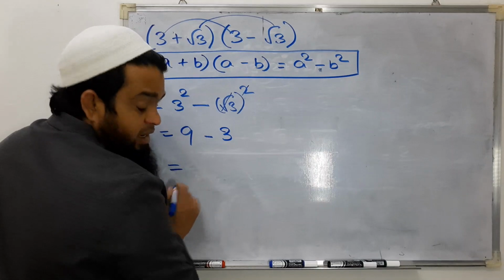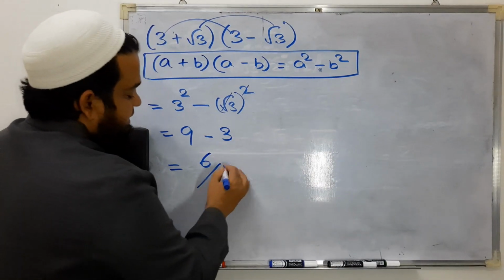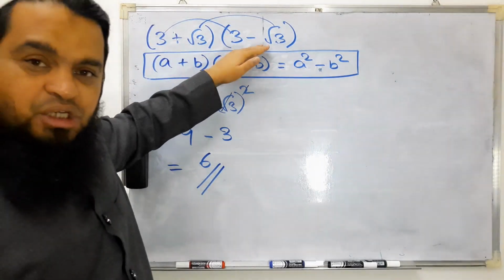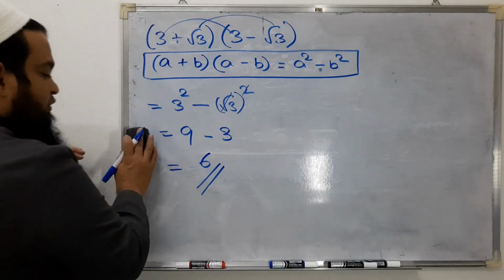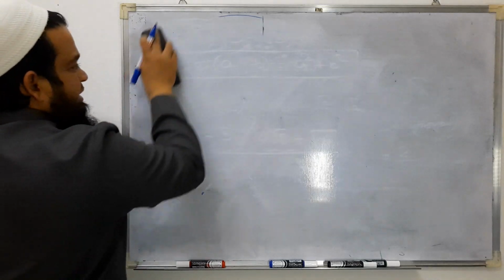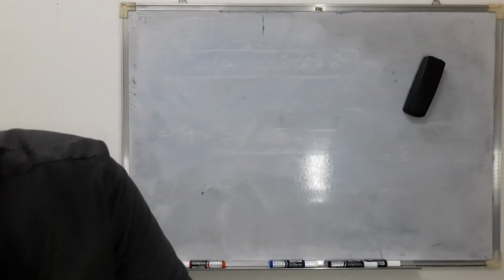So now everybody knows 9 minus 3 is 6. So this is the answer. See, by multiplying two irrational numbers, we are getting a rational number. This is the example what we have seen in question number 1 of exercise 1.5. Now let us go for the next one.